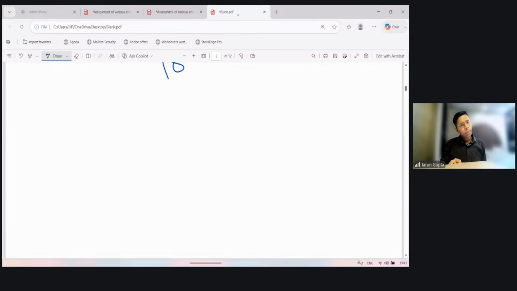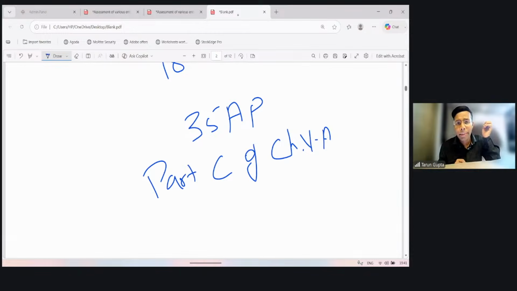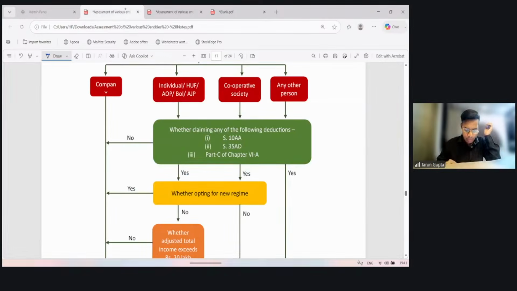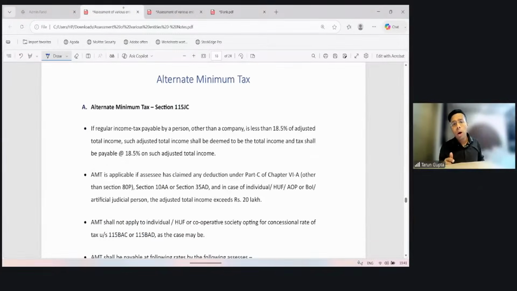AMT is applicable only where the assessee is claiming a deduction under Section 35AD, or under Part C of Chapter VIA except Section 80P, or under Section 10AA.